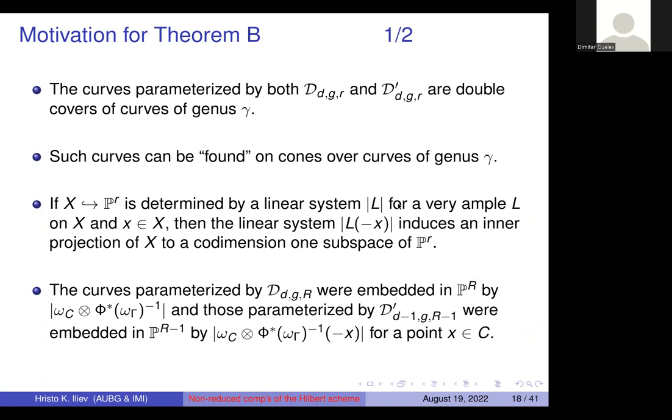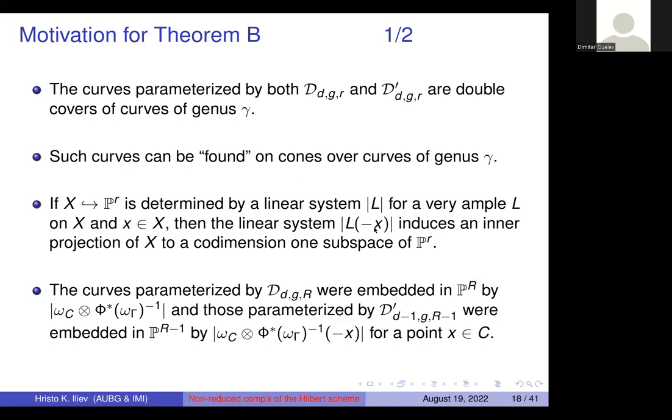we look at the embeddings that we discussed about them, and we observe that the difference is that the curves that correspond to the component D are embedded by a line bundle of a curve that is a double covering of another curve, while those that correspond to D prime are embedded by a line bundle minus a point.